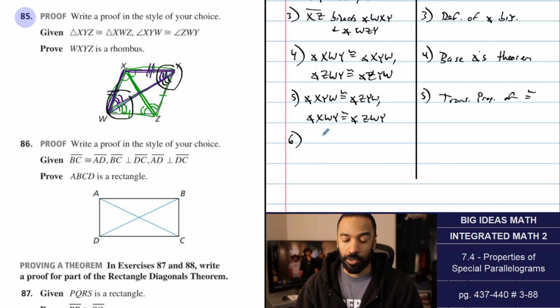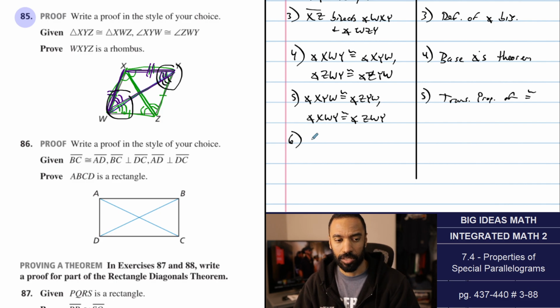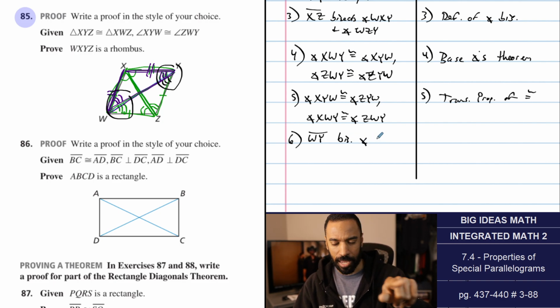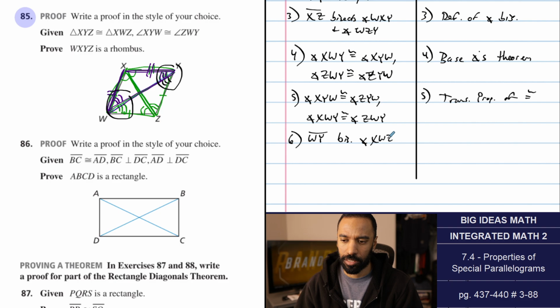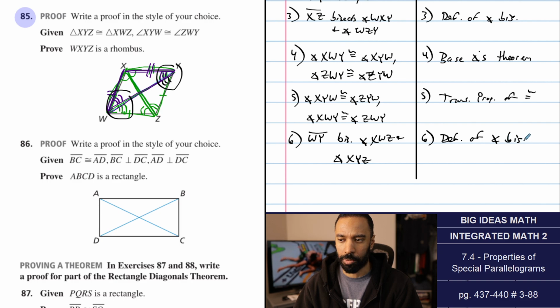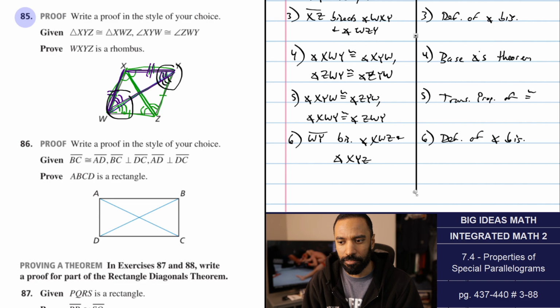Whew. And now that diagonal is bisecting those. So WY bisects angle XWZ and XYZ, by definition of angle bisector. And because we proved this before, it was the previous one, now this is a rhombus because it's the converse.